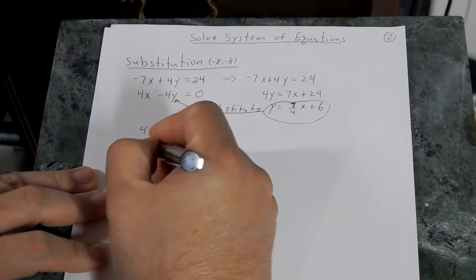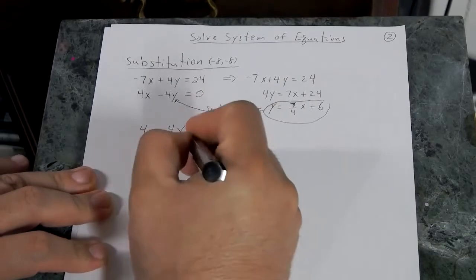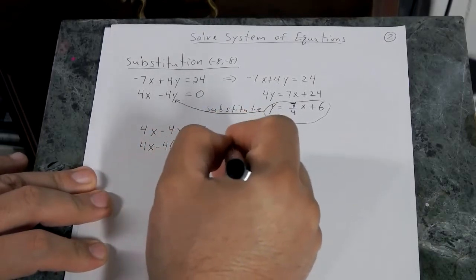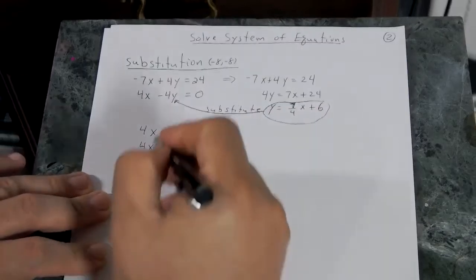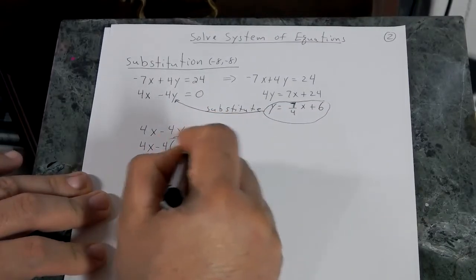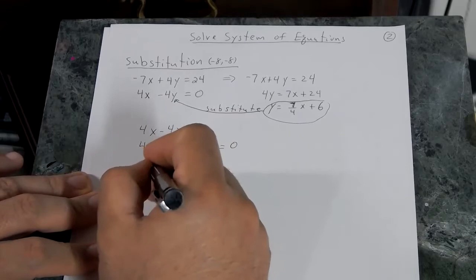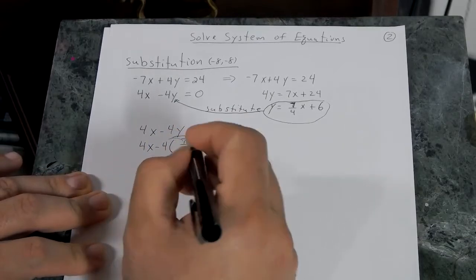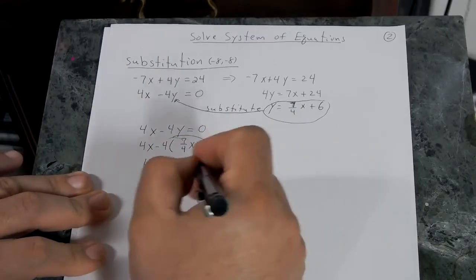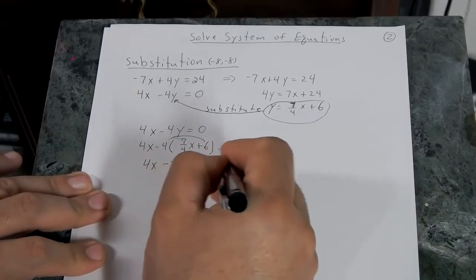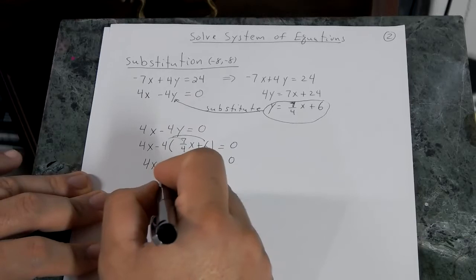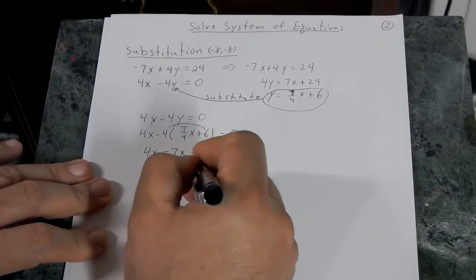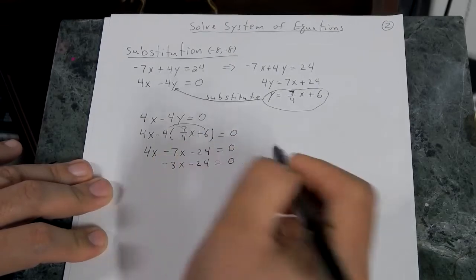So 4x minus 4 times (7/4 x plus 6) equals 0. Now I'm going to distribute this negative 4 throughout. Be careful with your signs. Negative 4 times 7/4 x is negative 7x. Negative 4 times 6 is negative 24. So I end up with negative 3x minus 24 equals 0.